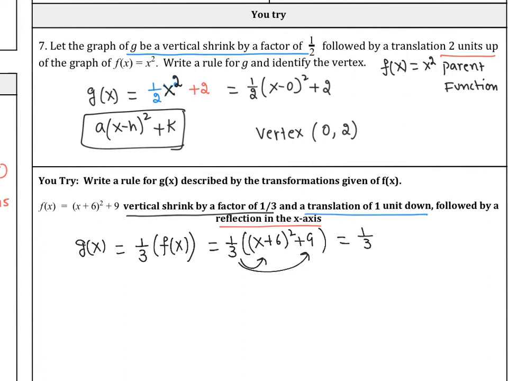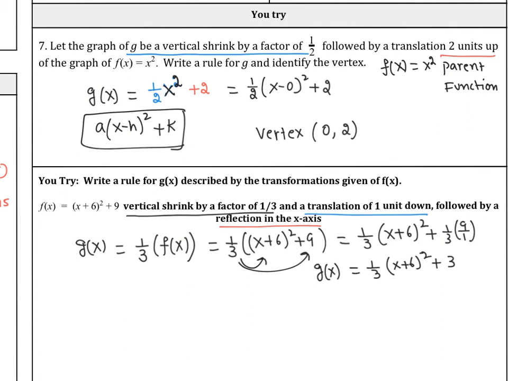So 1 over 3 times x plus 6 squared, plus 1 over 3 times 9, which is 1 over 3 times x plus 6 squared plus 3. That is the g(x) that is vertically shrunk by a factor of 1 over 3.